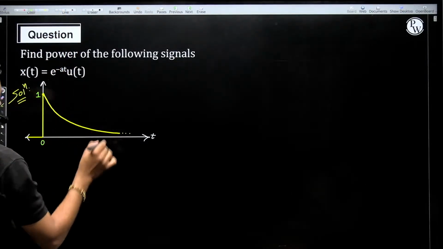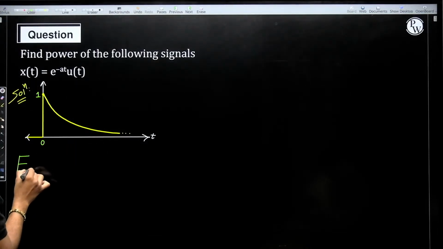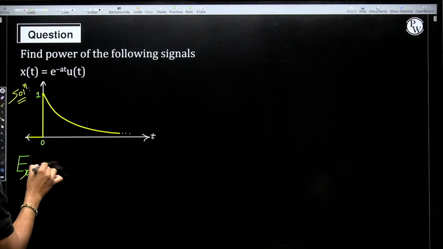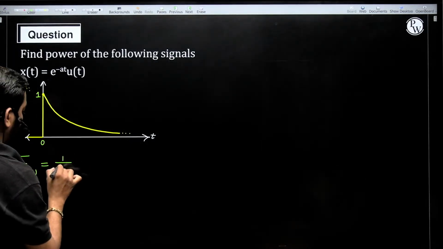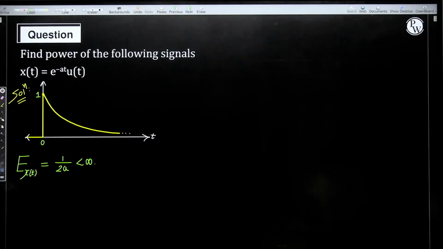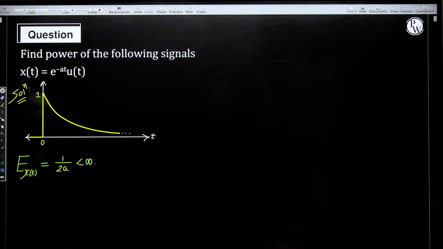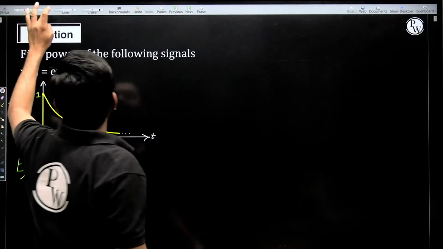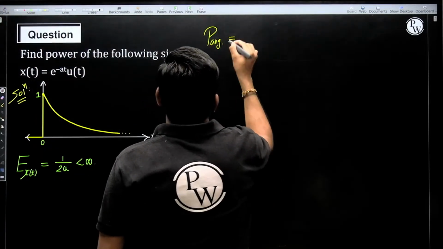What is the energy of this signal? Exponential decreasing function. The energy of this exponential decreasing function is nothing but 1 upon 2a, which is finite. Now let us calculate the power of this signal. Again, this is also an aperiodic signal. Correct?